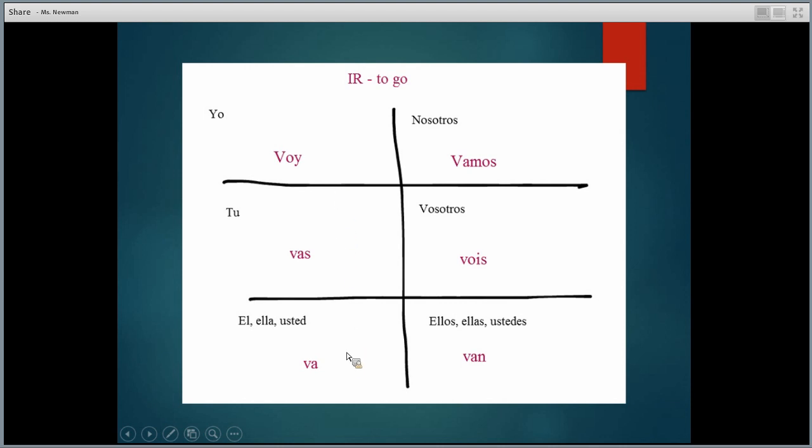Voy, vas, va, vamos, vais, van. If you actually look at the endings, they pretty much closely follow the conjugations for the AR verbs. Okay, not 100%, but pretty close.